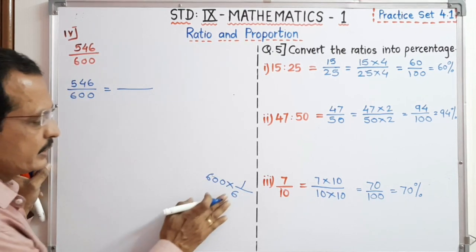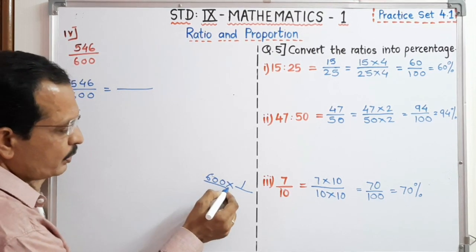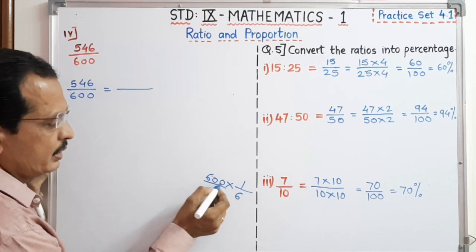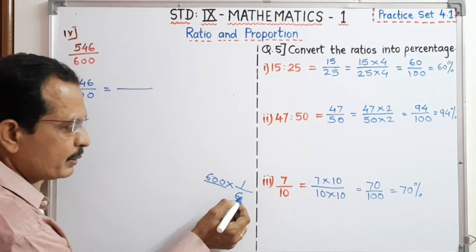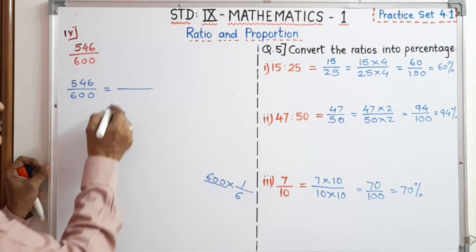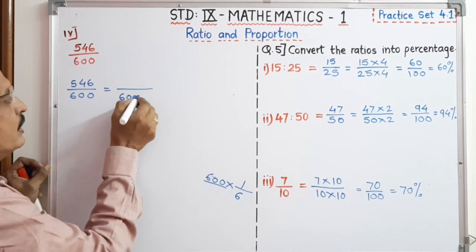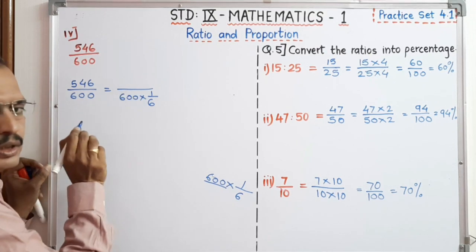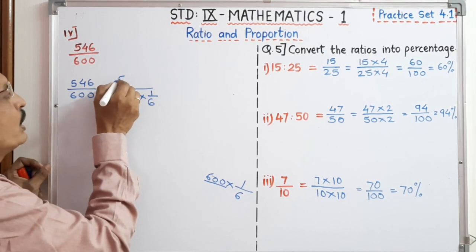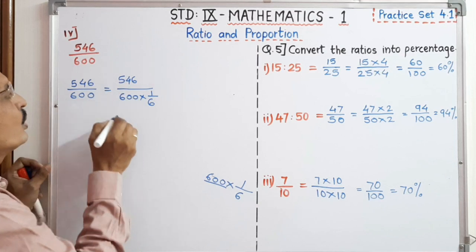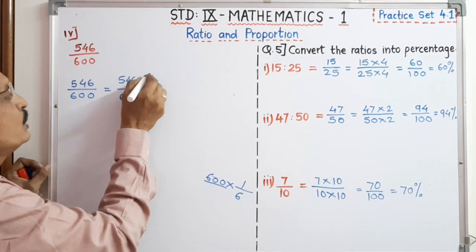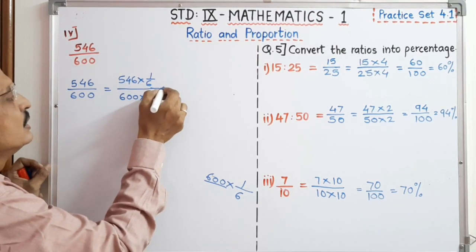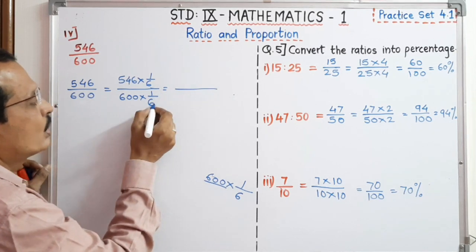Dear students, see here, if we require 100 here, then we must multiply with 1 upon 6. Therefore 600 into 1 upon 6, 6 ones are 6, we get here 100. Same way we have to multiply 546 into 1 upon 6.